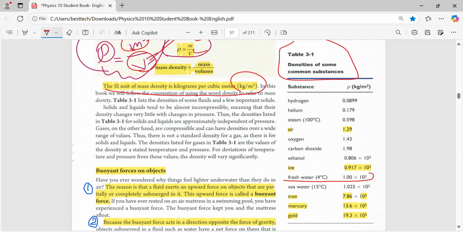Fresh water is 1 times 10 to the power 3, which is 1000. The others are just for information. For example, the density of air is 1.29, and the density of iron, because we have some examples. You have to know the density. Even your teacher may give it to you in the exam, but it's better to memorize it. Some of them not. The air and the water are enough to memorize.